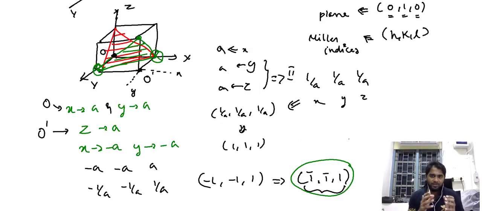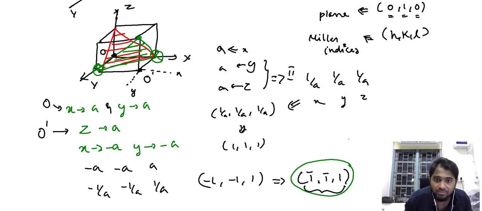So often when we want to describe a plane within a given unit cell, it might be required of us to shift the origin that is associated with the coordinate system. When we do that, not only the points associated with the z axis would change, the points associated with other axes would also change.